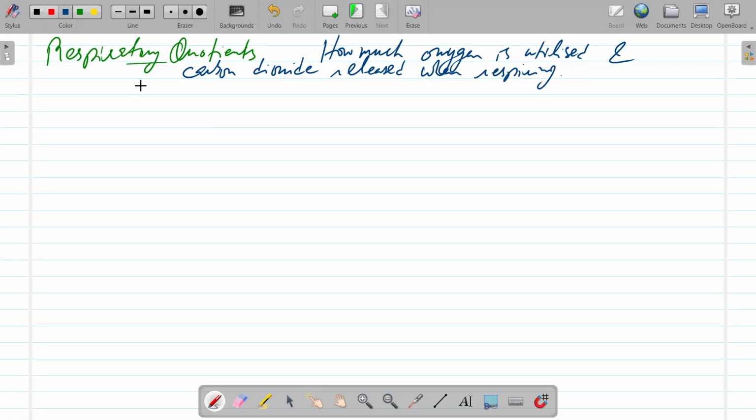And so the value, because it has been studied, can tell us which substrate is being respired, which means which substrate is being used by the body to provide energy.